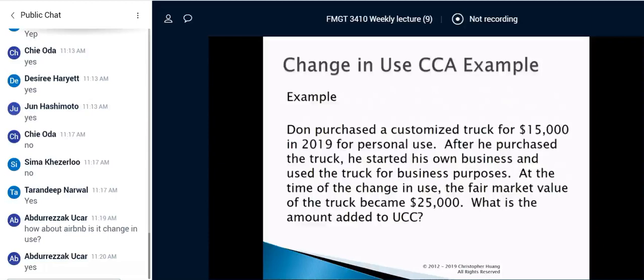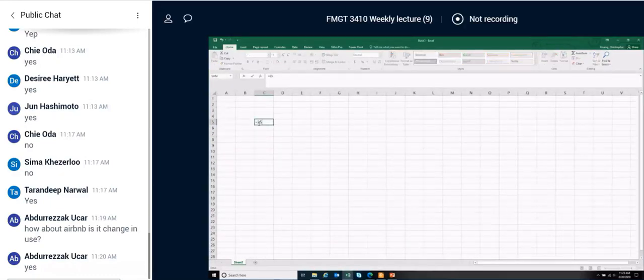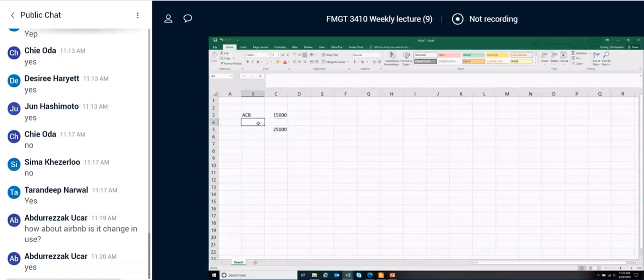And think about this for a second. Just like replacement property, if you look at this truck, I paid $15,000 for this truck. Now it's worth 25. So I do a change in use, so it's a deemed disposition. First off, he's going to have proceeds of 25,000.